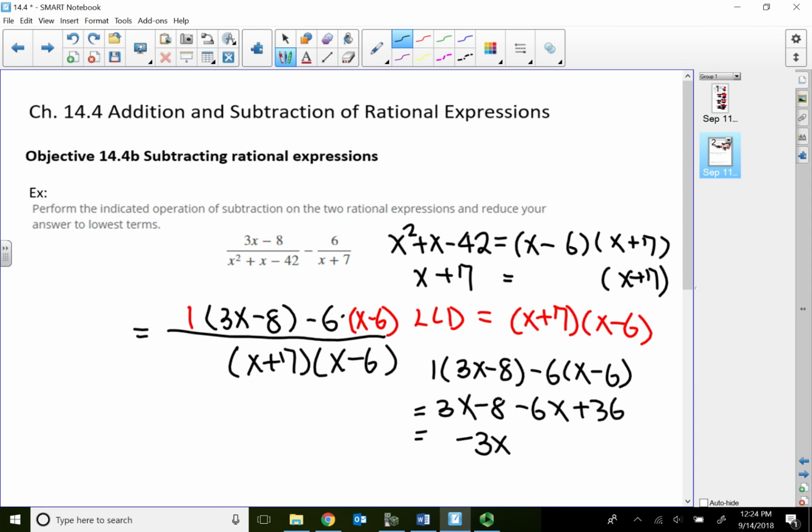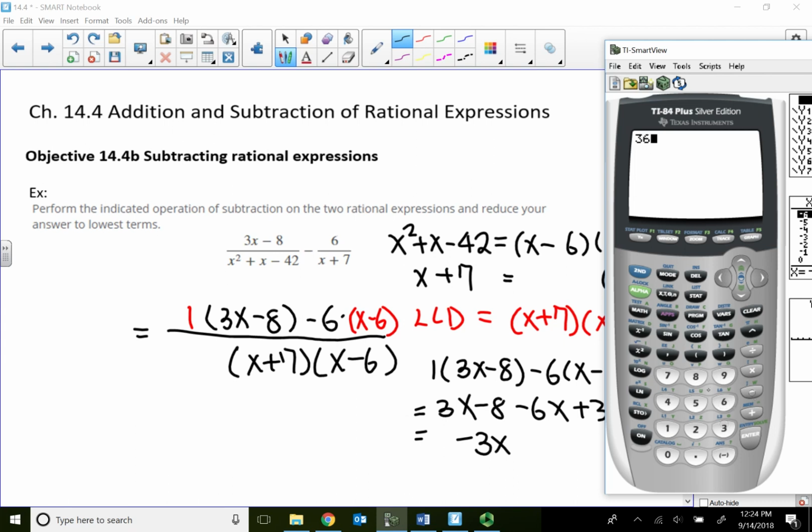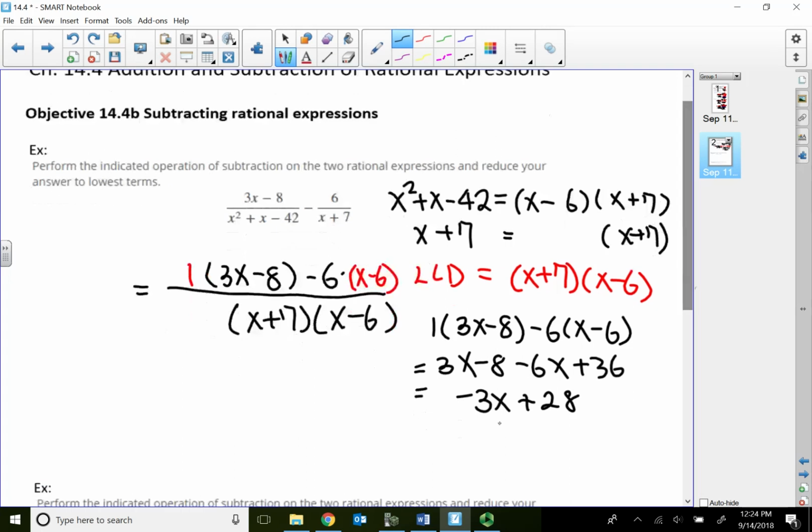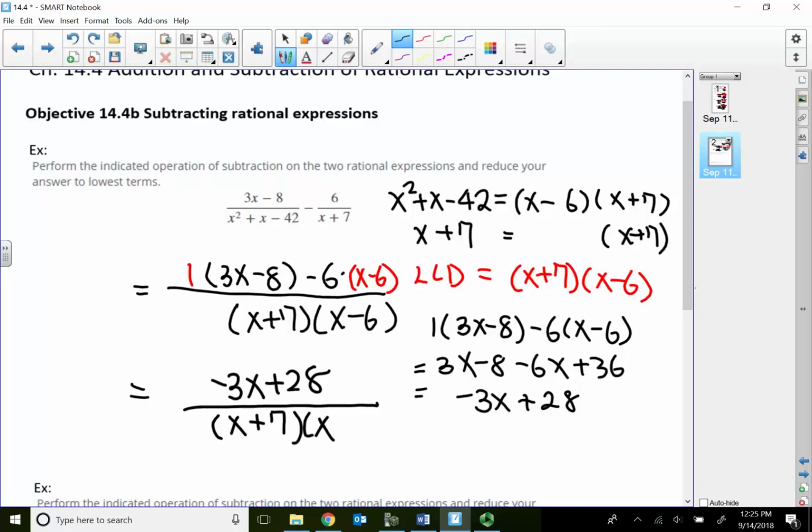Negative 8 plus 36, or 36 minus 8, is 28. All right, so this cannot be factored, so that will be my numerator, negative 3x plus 28, over my LCD. Just write them in factored form, that will be fine. All right, that's all it is to it.